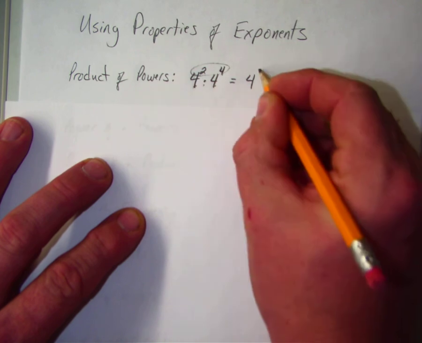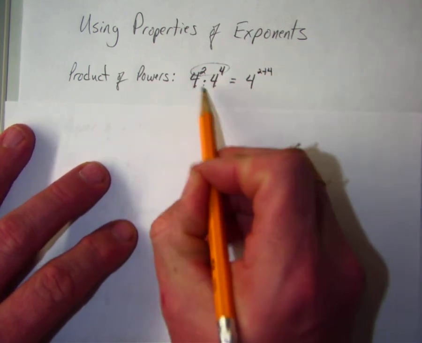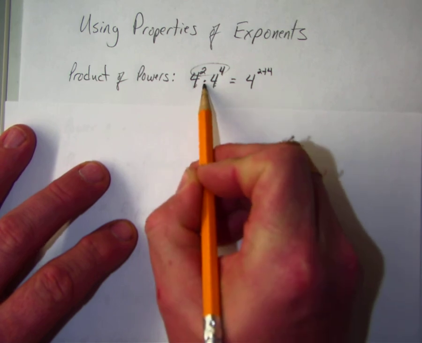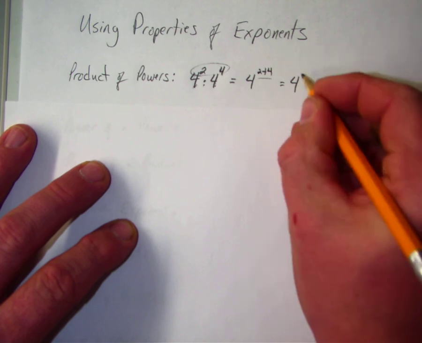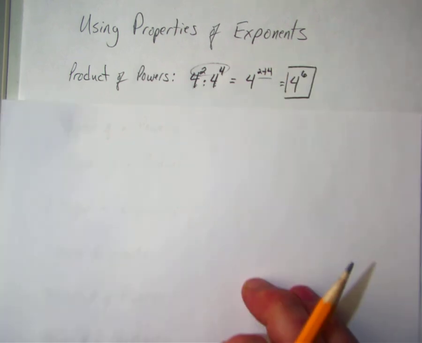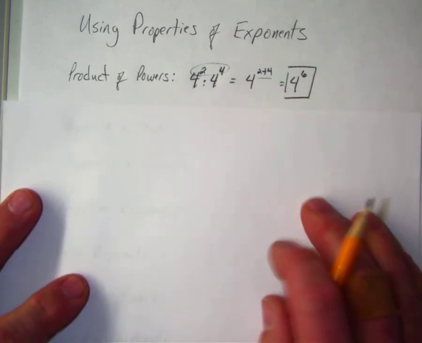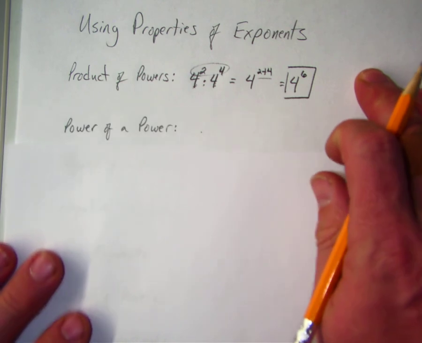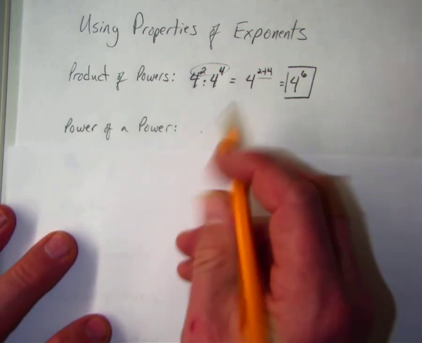Now I can add the exponents. All right, so if the bases are the same and you're multiplying, you can add their exponents. So therefore I get 4 to the 6. And you just leave it like that. Now if I want to actually know the value of that, then I can use a calculator if I need to.